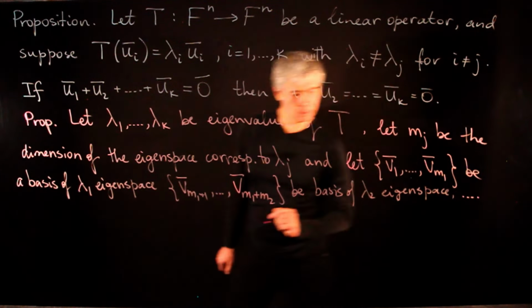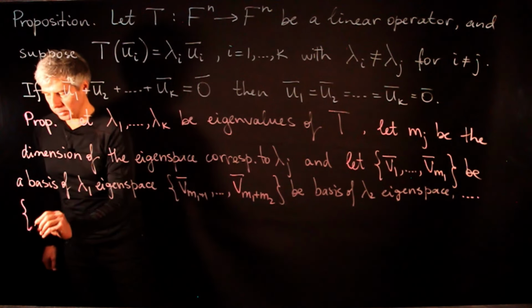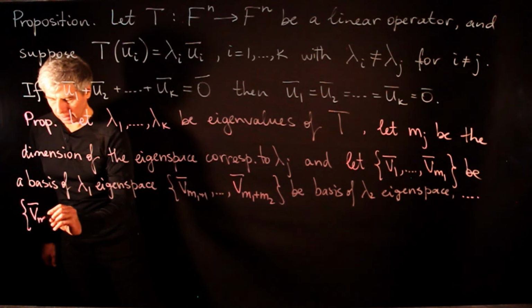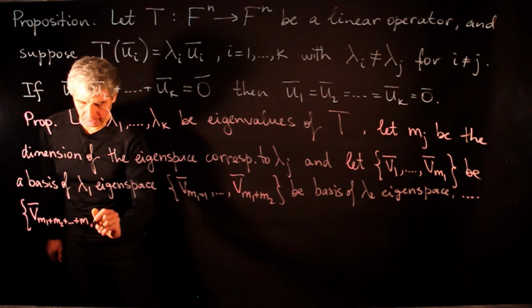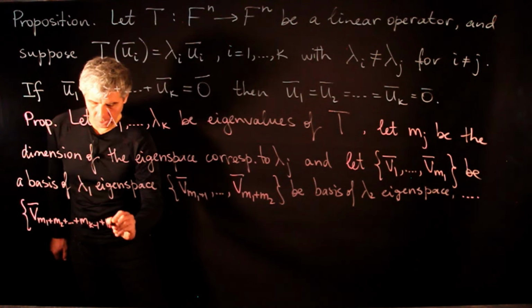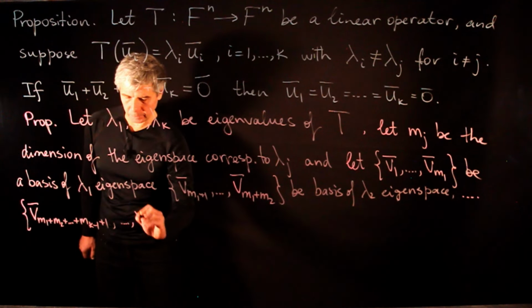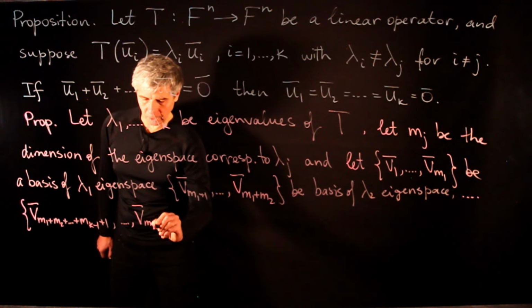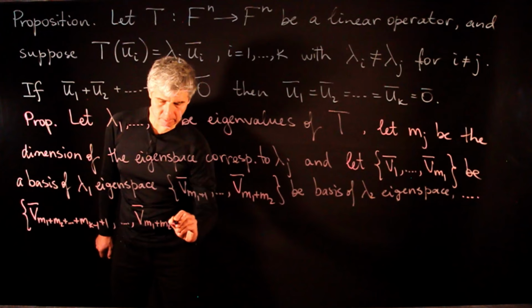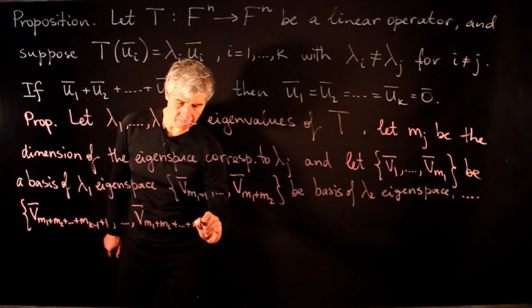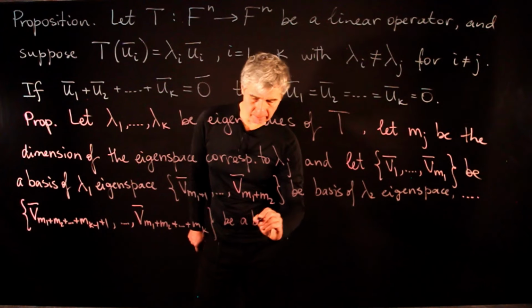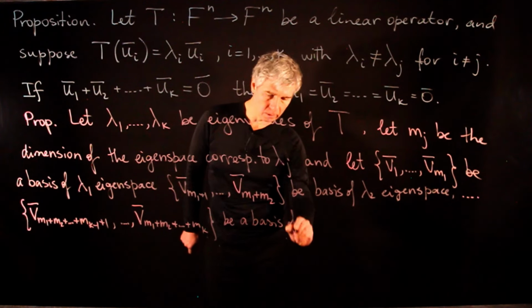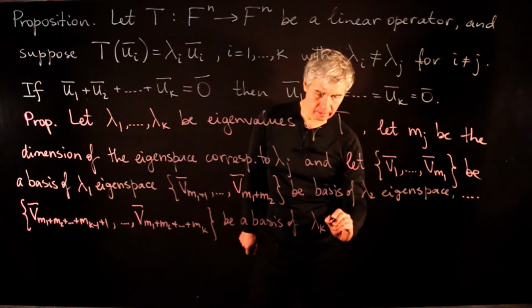Dot dot dot, and the following set vm1 plus m2 plus mk minus 1 plus 1 all the way up to vm1 plus m2 plus mk, so be a basis of lambda k eigenspace.